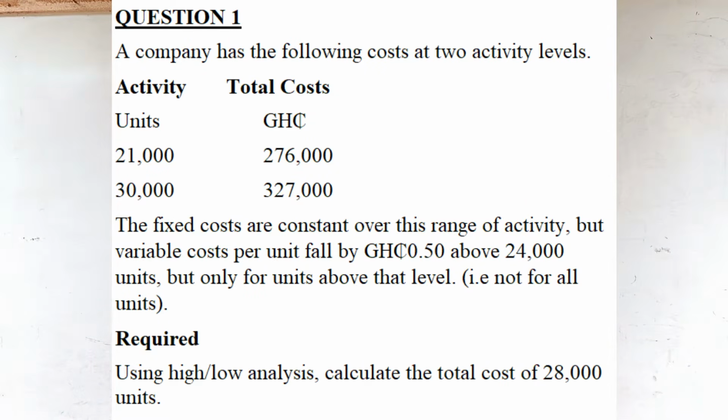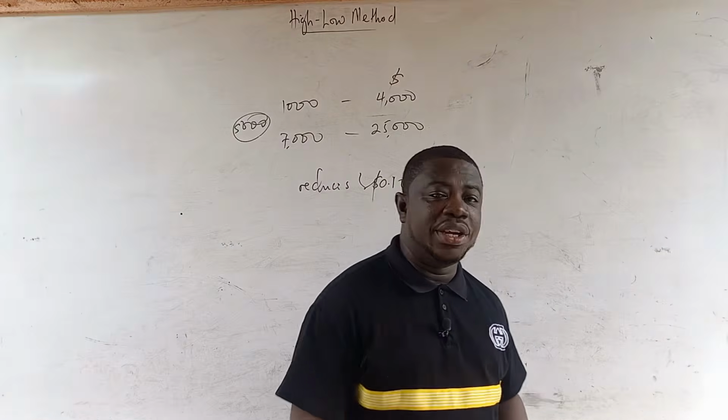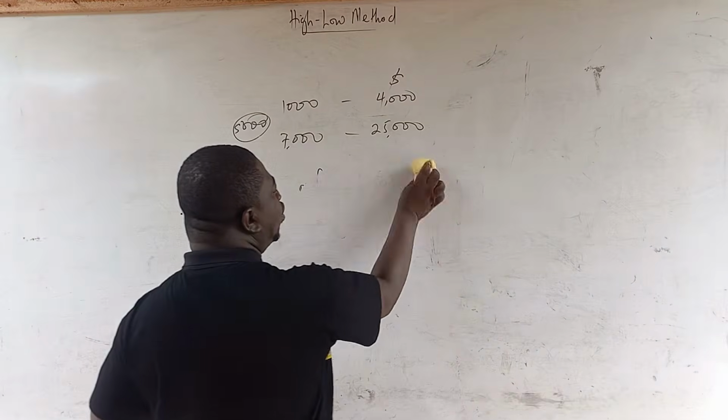The fixed costs are constant over this range of activity, but variable cost per unit falls by 50 pesewas above 24,000 units, but only for units above that level. That is not for all units. Required: using high-low analysis, calculate the total cost of 28,000 units. All right, so this is a very interesting question that we are going to look at.